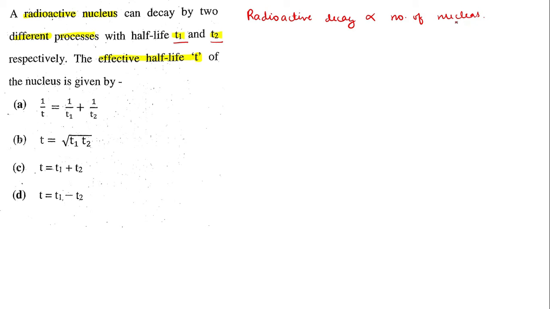Now, as we already know that this is our basic fundamental point for radioactive decay, we can write it in terms of a mathematical equation as dN by dt is equal to minus lambda N, where this is equation number 1, and this lambda is our decay constant.